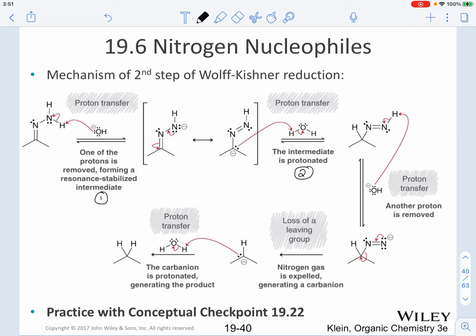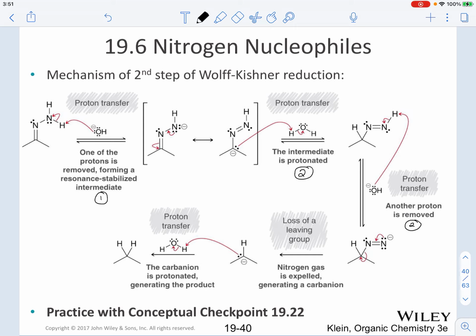Then another proton transfer occurs, specifically by deprotonation of the nitrogen that we have had incorporated in the system.